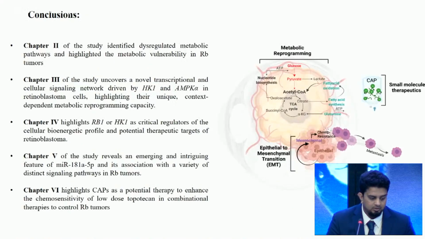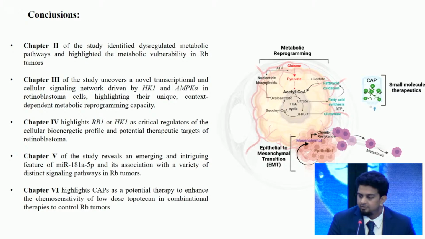So to conclude, chapter 2 of the study identified dysregulated metabolic pathways and highlighted the metabolic vulnerability in RB tumors. Chapter 3 of the study uncovers novel transcriptional regulation driven by HK1 and AMPK. Chapter 4 highlights RB and HK1 as critical regulators of bioenergetic profiles.